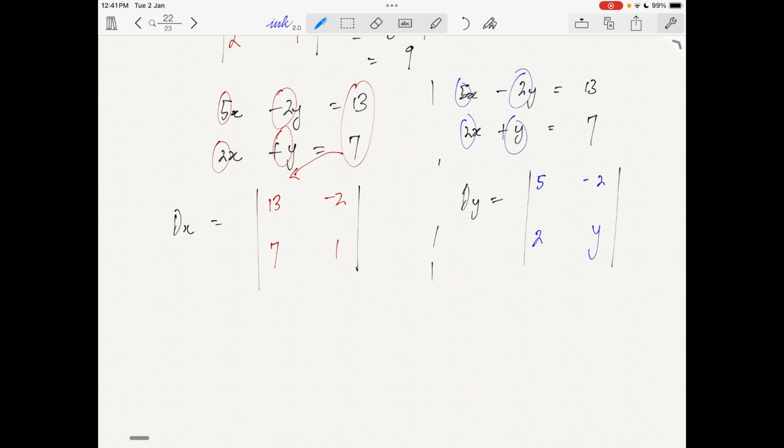But in the case of dy, we are going to change the coefficients of y, minus 2, 1, and bring the constants here. So the constant is replacing the x coefficient in dx, and the constant is replacing the y coefficient in dy.